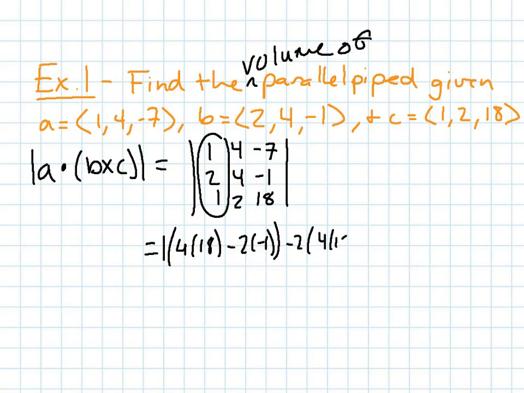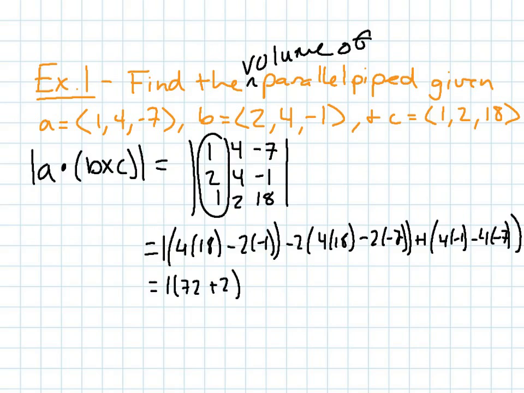So then 4 times 18 again, minus 2 times -7, and then 1 is in a positive position, so it's plus 1 times 4 times negative 1 minus 4 times negative 7. So then here I get 72 plus 2 for the first one, minus 2 times 72 plus 14, and then plus 1 times negative 4 plus 28.